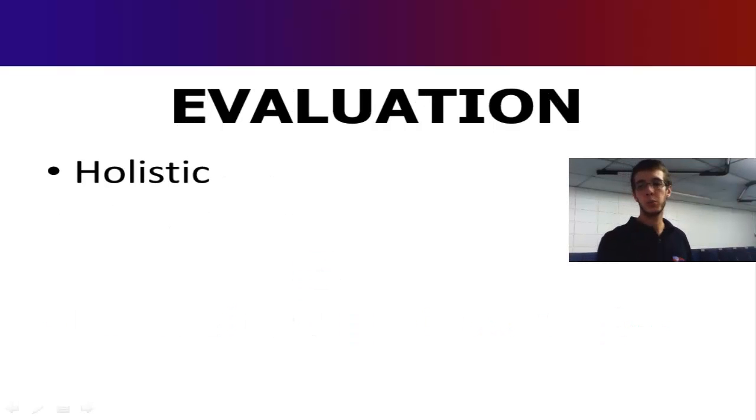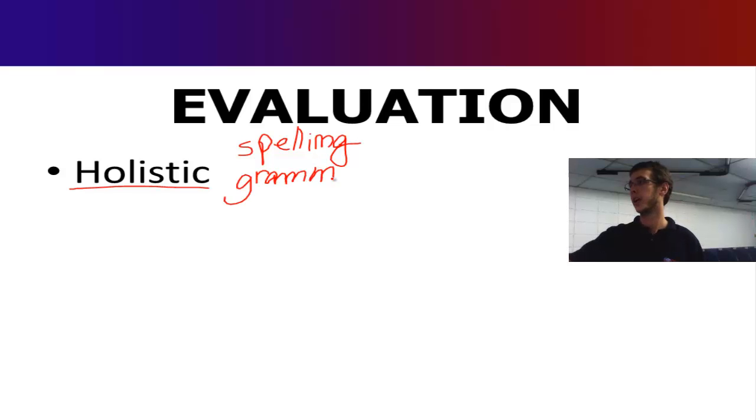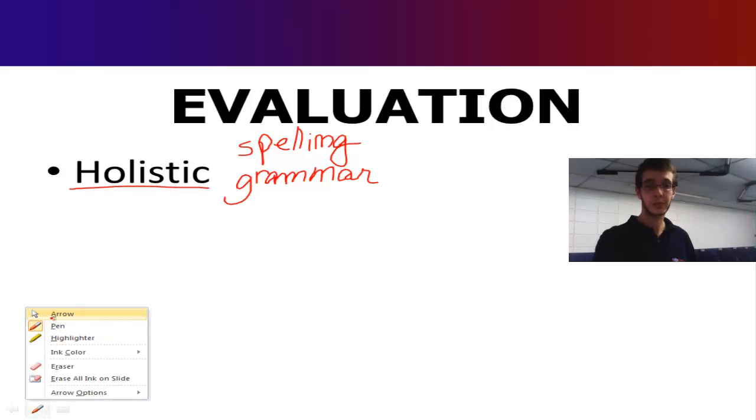Talking a little bit more about the evaluation process, the evaluation is what we call a holistic evaluation. What's a holistic evaluation? For example, your spelling or your grammar are not the most important things in the test. They are more concerned with how you clarify and explain your ideas.